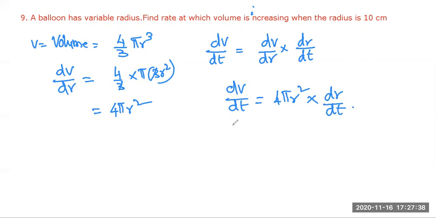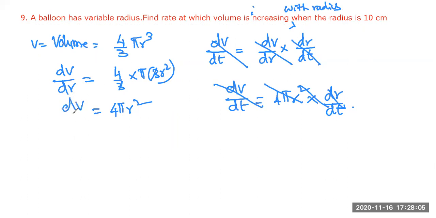So now, find the rate at which the volume is increasing with radius. I think he mentioned another thing, volume is increasing with radius. So when he says with radius, we just need to find dV by dr. We don't need dV by dt. dV by dt is not required because it's with radius.